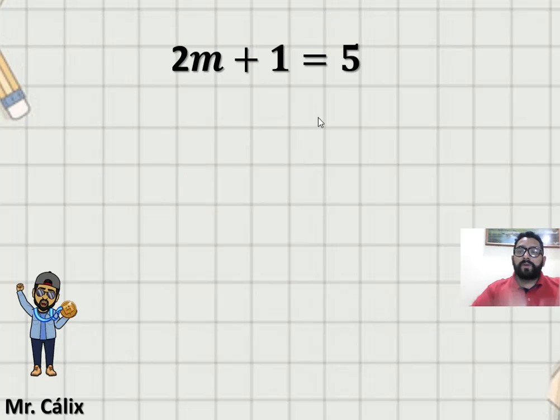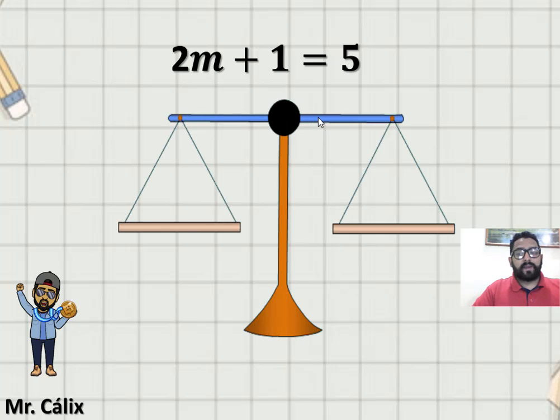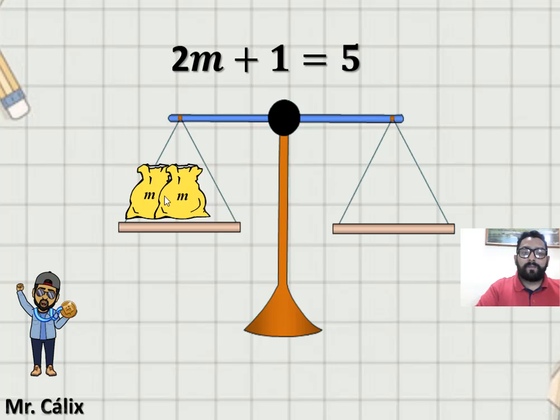Now we are going to do the inverse process. We have the equation and we are going to try to represent it with a model. In this case, I'm going to use a weight scale. I'm going to use two containers to represent the unknown value, the variable m plus m, which is 2m.